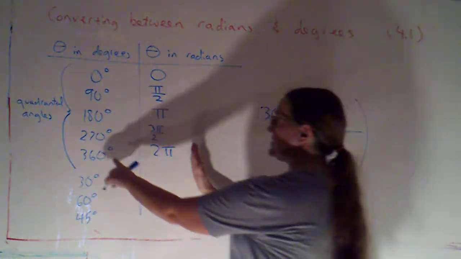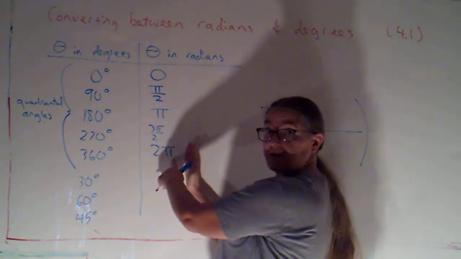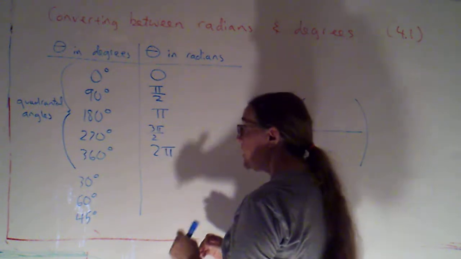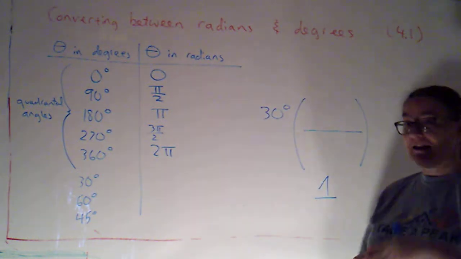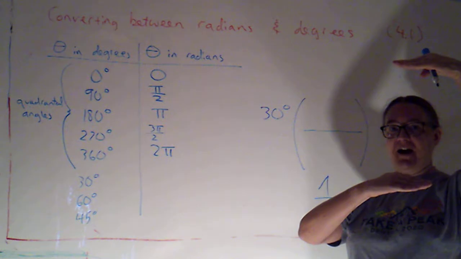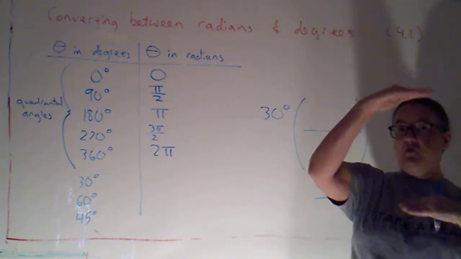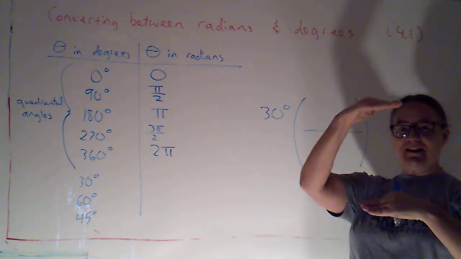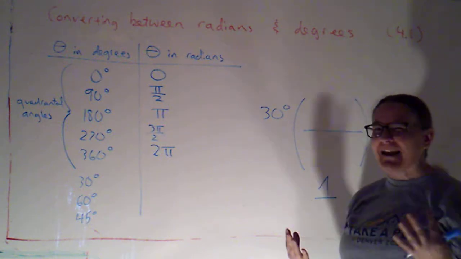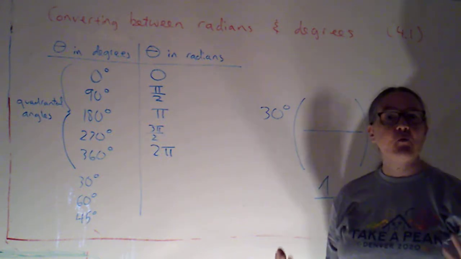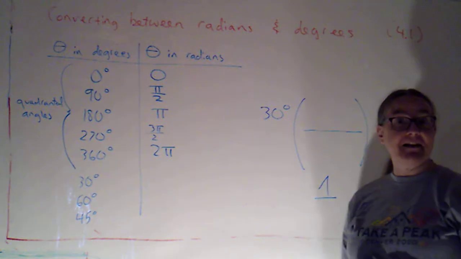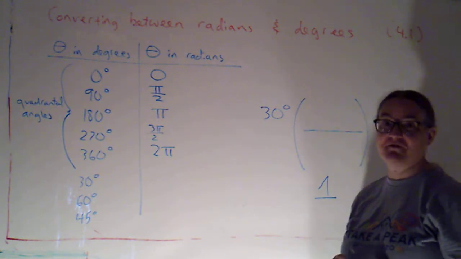But I know, for example, that 360 degrees is 2 pi. So the fraction I could create, 360 degrees over 2 pi radians, or 2 pi radians over 360 degrees, both of those are just a fancy, weird-looking form of 1. Because it's the same quantity on top and bottom, it's just being measured in different units.